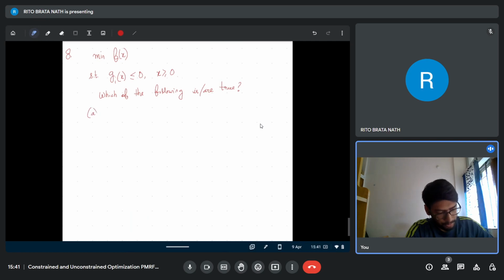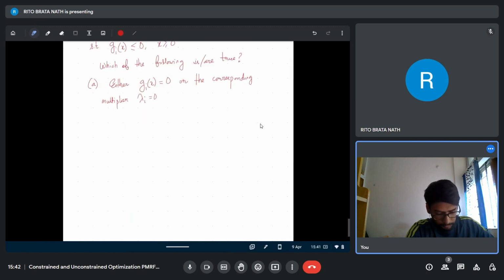Option A is either g_i(x) equals 0 or the corresponding multiplier, which is the Lagrange multiplier, or the dual variable you can think of it as well, lambda_i equals 0.